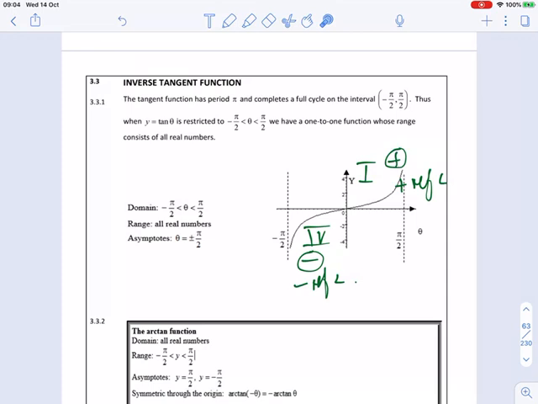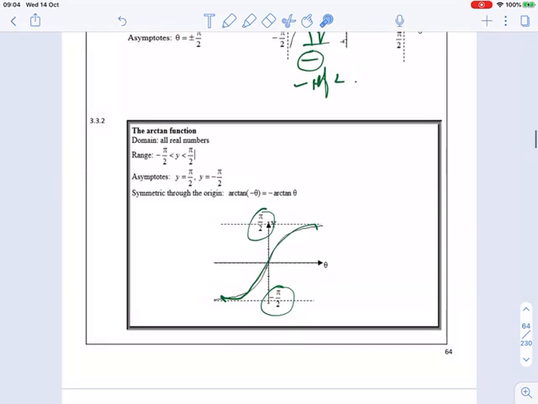If the arctan is positive, we will give the angle in the first quadrant as positive the reference angle. If arctan is negative, we will give the angle in the fourth quadrant but as negative the reference angle. In other words, clockwise.